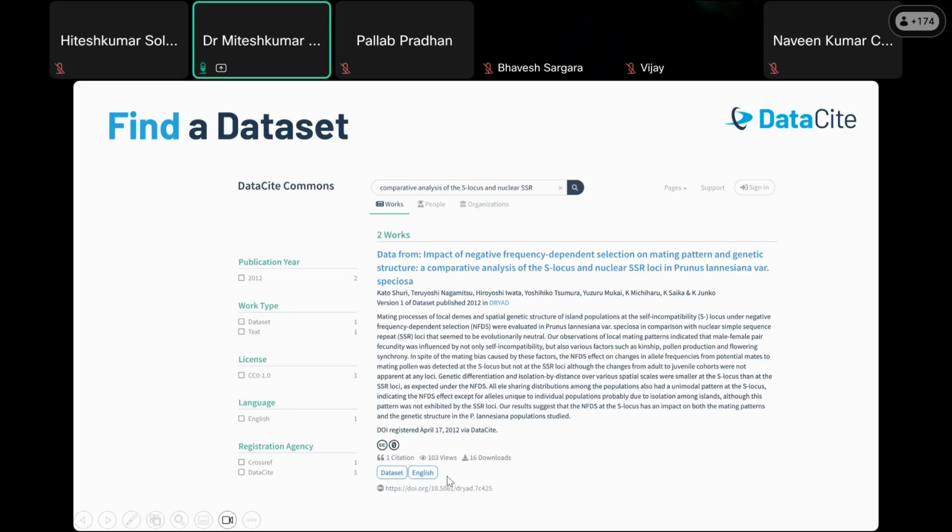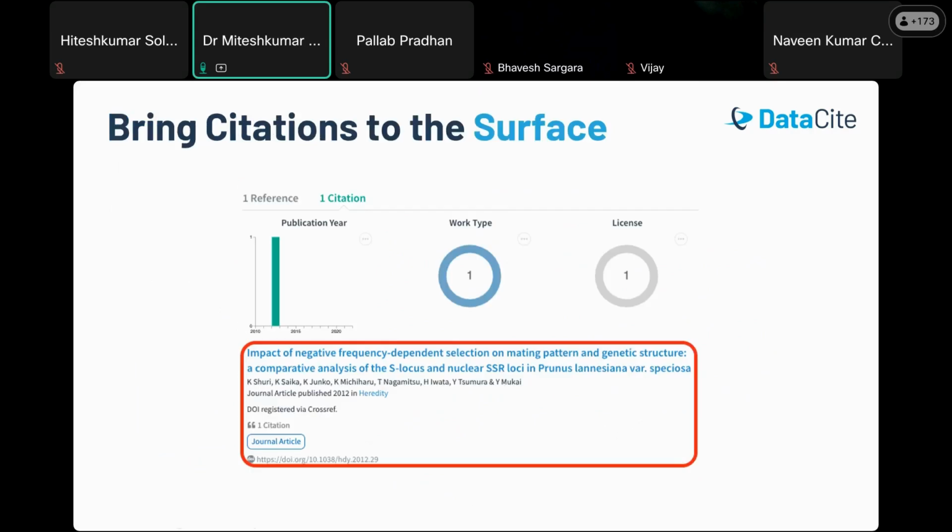So this is how it works, and this is the platform which gives metadata level information. Now it brings the citation to the surface. How many times a particular data set has been cited can be visible here.